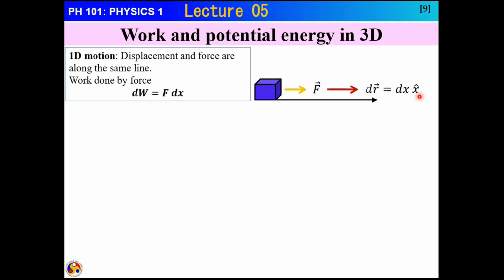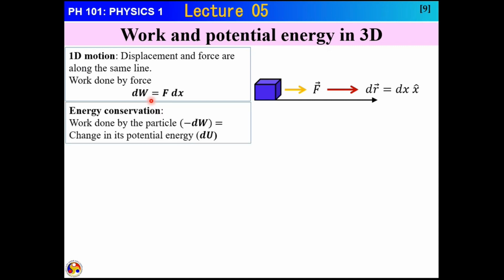So work done by the force will be dW equals F dx, force times the small displacement. This is the amount of work the force does if it moves a body from x to x plus dx.